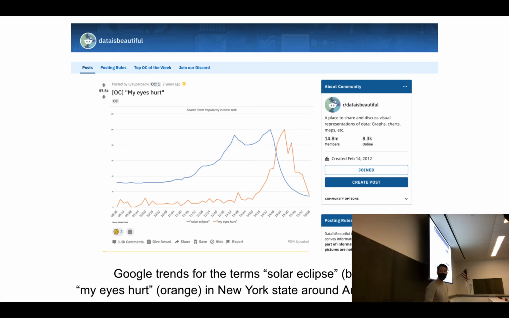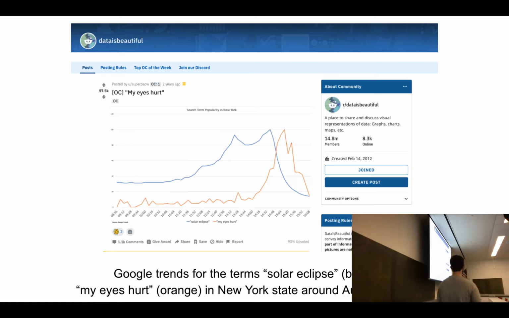Alright, where was I? Alright, so there's a pretty cool subreddit called Data is Beautiful, and it's just people posting visualizations of data. So this is one I took from there. And it's a chart of Google Trends. Google has a pretty cool tool where I can see the frequency of search terms over time.